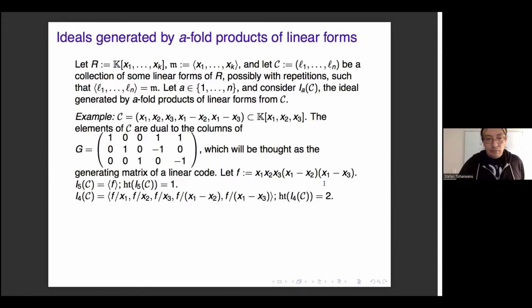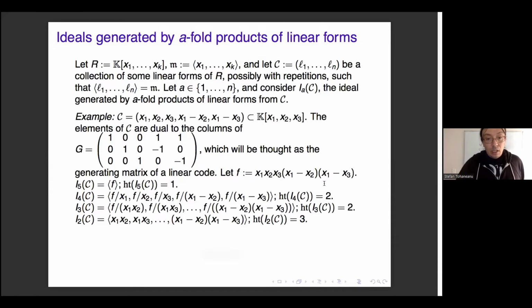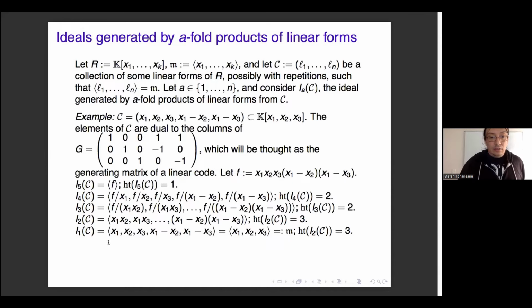We use any computer program that we prefer to calculate this. Similarly, I3 has height 2, I2 has height 3, and I1 is actually the ideal generated by each individual linear form. So that's the irrelevant maximal ideal, with height 3.